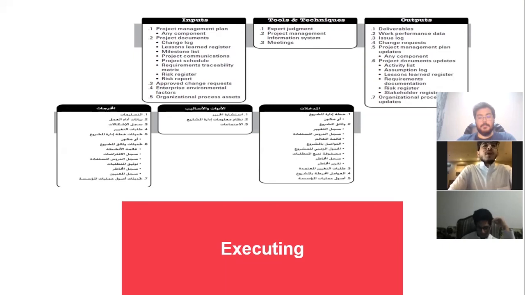Third, we have approved change requests, enterprise environmental factors, and organizational process assets.